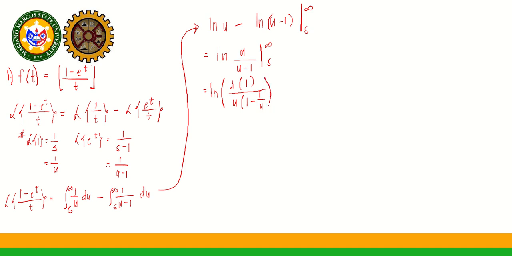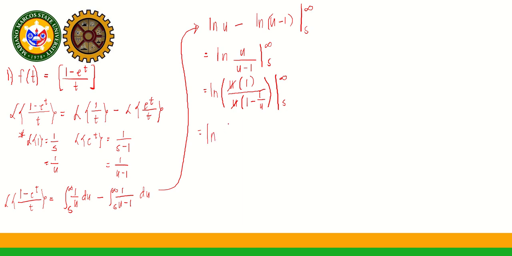Okay, so we can do that. And then limits from s to infinity. So we can cancel this. Okay, pag na-cancel na yan and then i-try natin na i-substitute yung mga limits natin dito, we can get a real value, a real number.